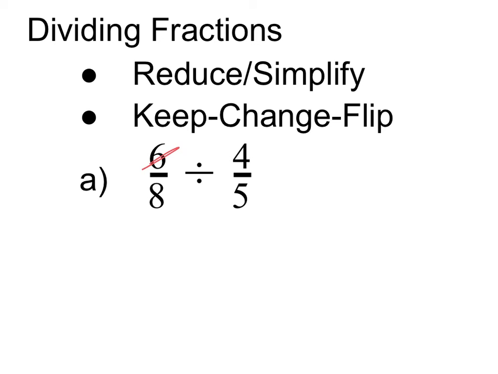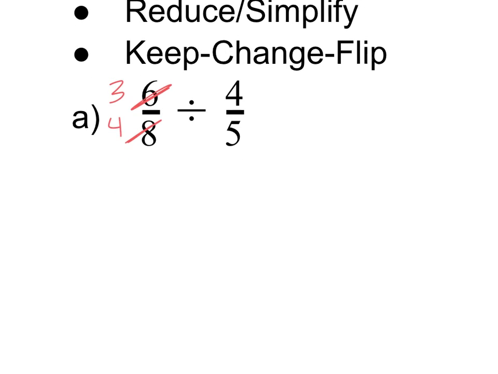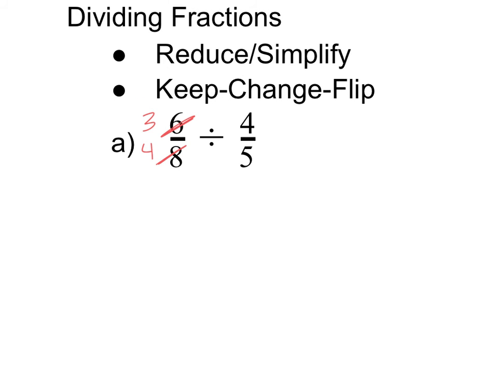Looks like on this one you can. That becomes 3/4. And then keep the first fraction, change it to multiplication, and flip the second fraction. Notice on this one I did not reduce diagonally because you can't, as you can see, we're going to flip it and they won't be able to be reduced.